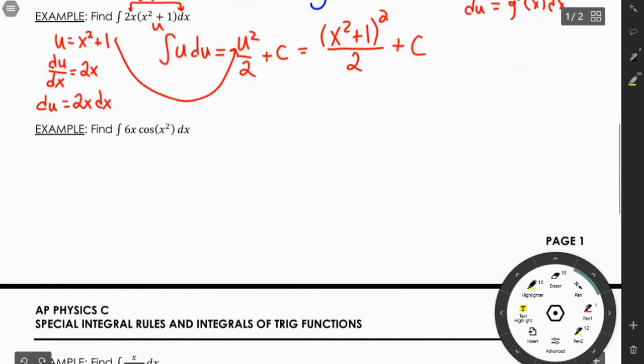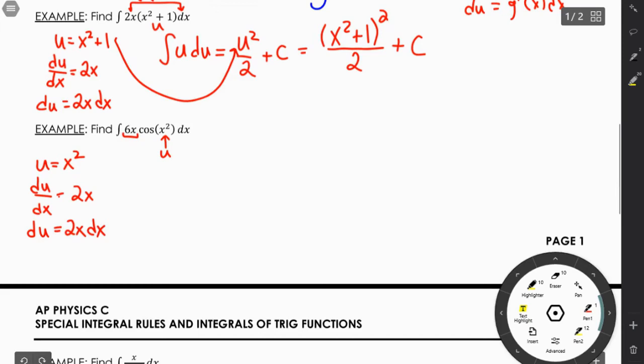Now, sometimes you run into it with trig. So what I would say is x squared is u. But notice that if I say x squared is u, which makes du dx 2x, which makes du 2x dx, I don't have 2x dx here, but I have 6x.